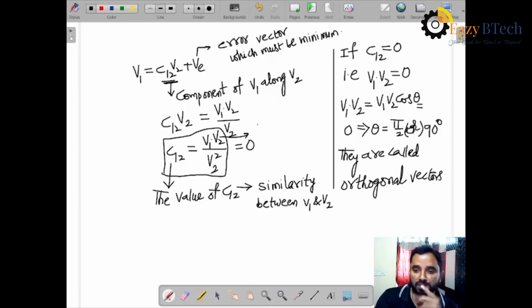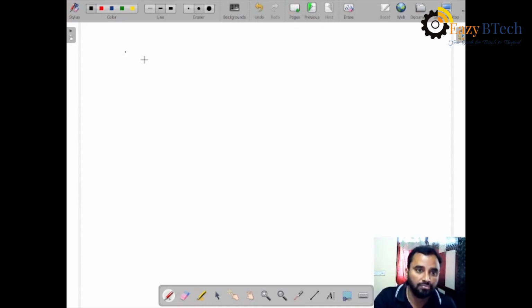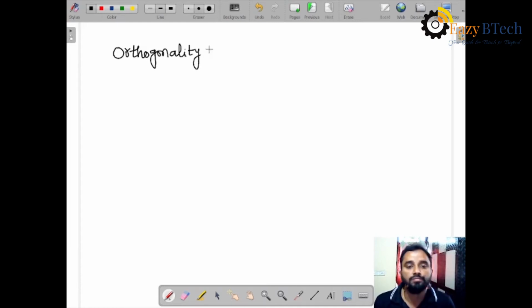Dot product 0 means the angle between them is 90 degrees, and we call them orthogonal vectors. That is orthogonality in vectors. The same orthogonality concept we are going to apply for signals. Orthogonality in signals now.